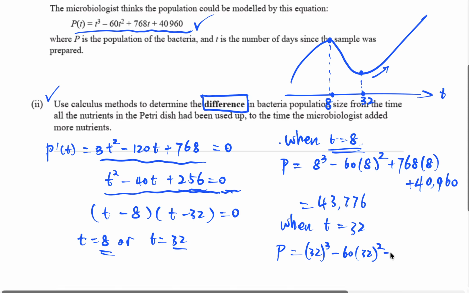plus 768 times 32 and plus the constant 40,960.